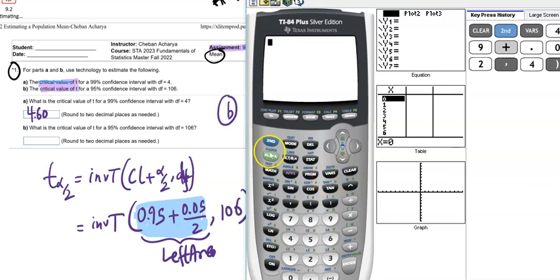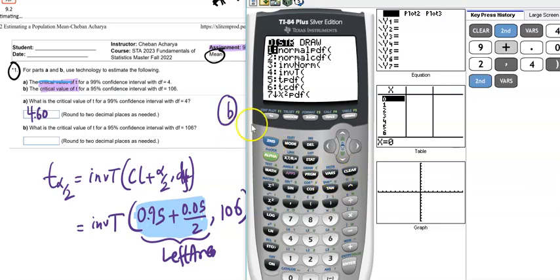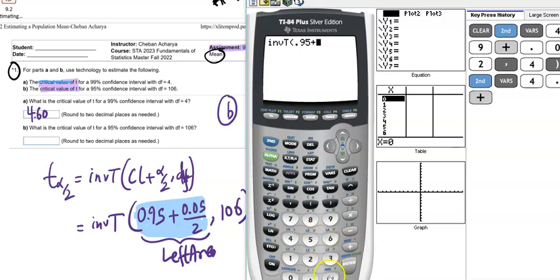So here, press 2nd VARS, and number 4 is invT. You type CL, which is 0.95, plus alpha, which is 0.05 divided by 2, comma, degree of freedom is 106, close parenthesis, and enter.